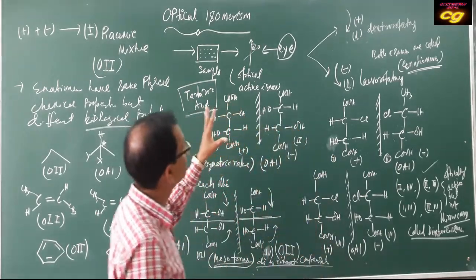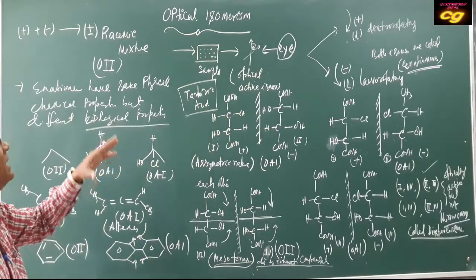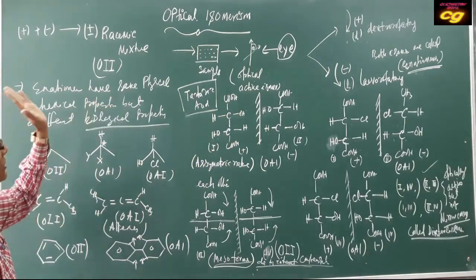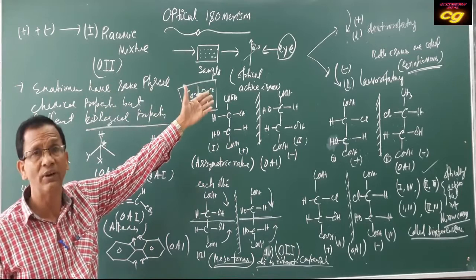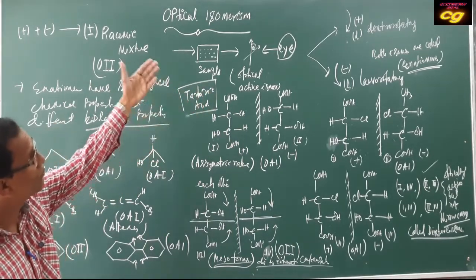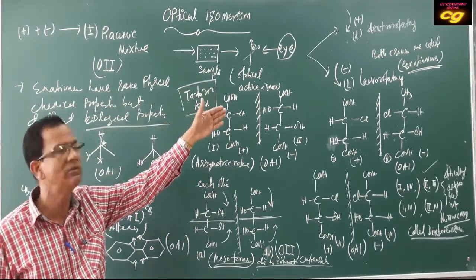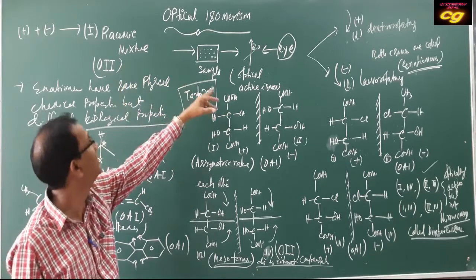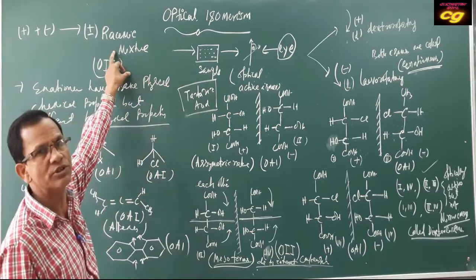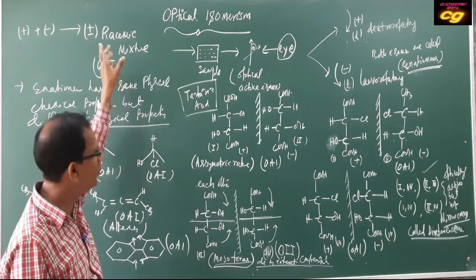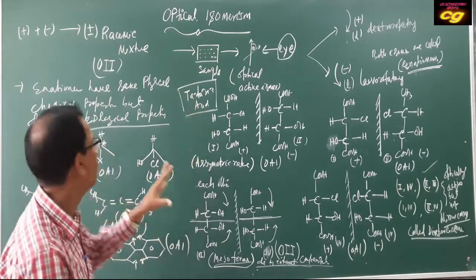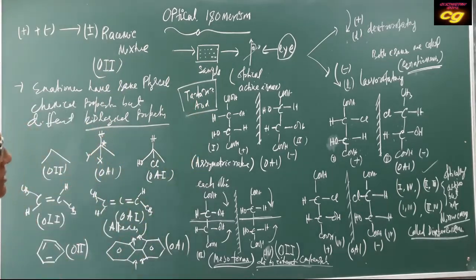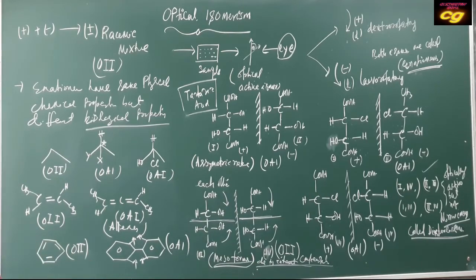So these are some important concepts regarding optical isomers. A mixture of the plus and minus isomers of the same molecule is called what? Racemic mixture, optically inactive. And which molecule will be optically active, which molecule optically inactive? Let us discuss from plane of symmetry, center of symmetry and axis of symmetry.